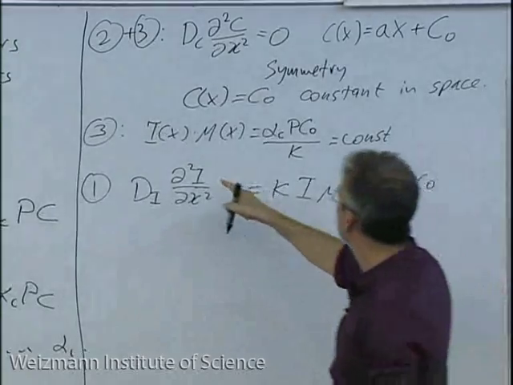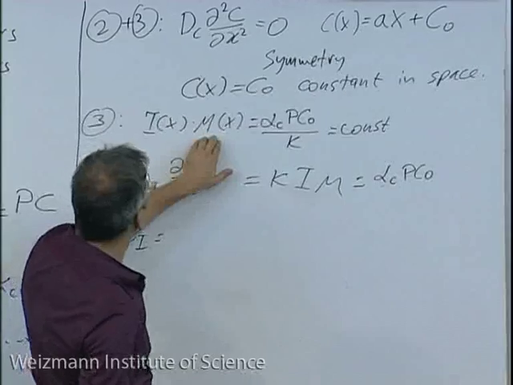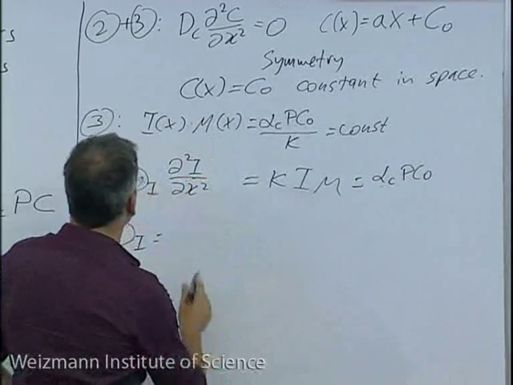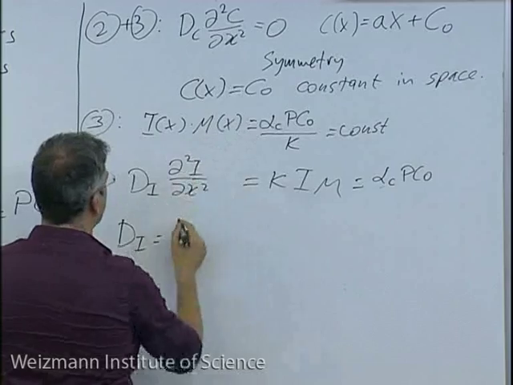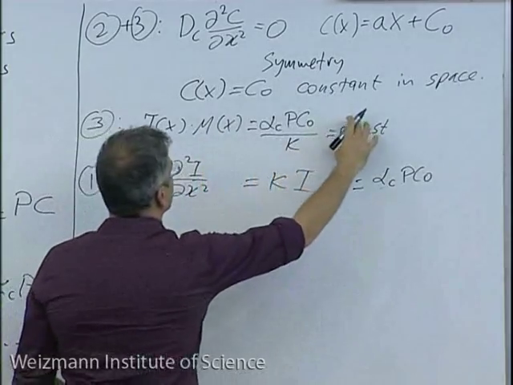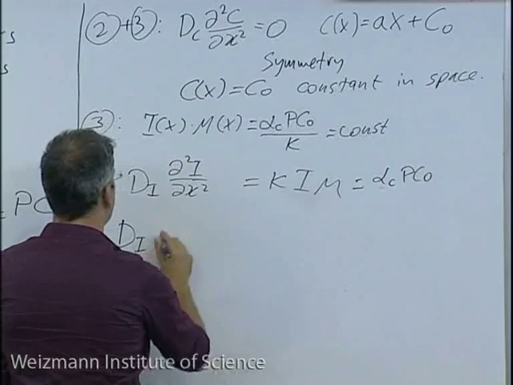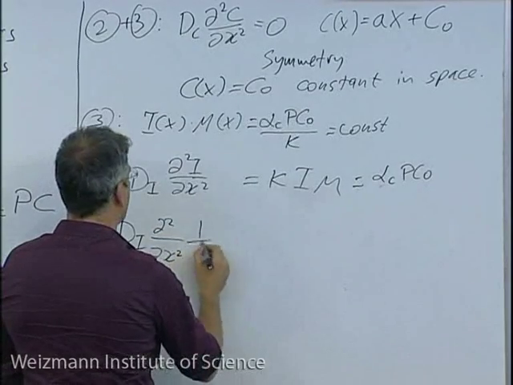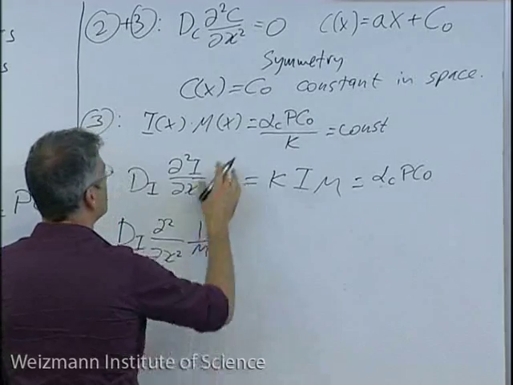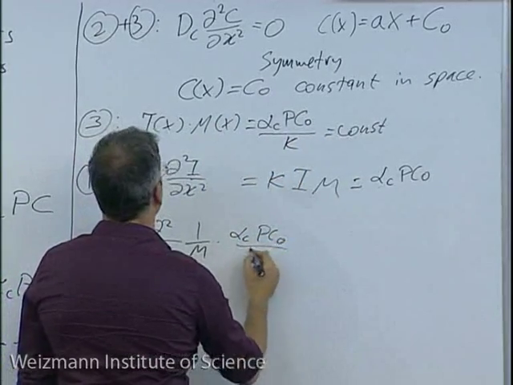Because I times M is constant, instead of I, I can write this constant divided by M. So this is d2 dx squared times 1 over M times all this constant, alpha C P C0 divided by K.